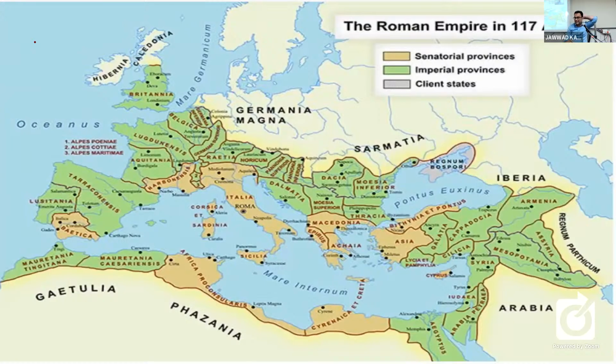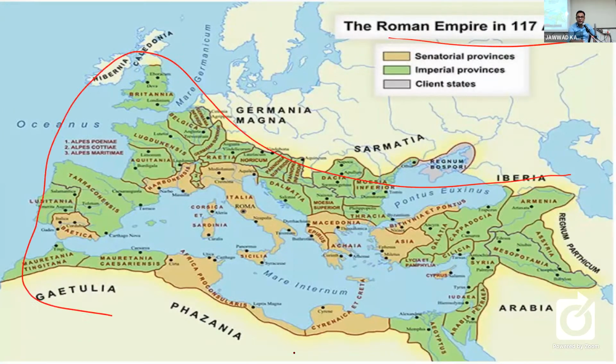This over here, guys, is the map of Europe during ancient times, when Europe was being ruled basically by the Roman Empire. This is the map from 717 AD. This is Roman Empire. Can you see how massive it was?